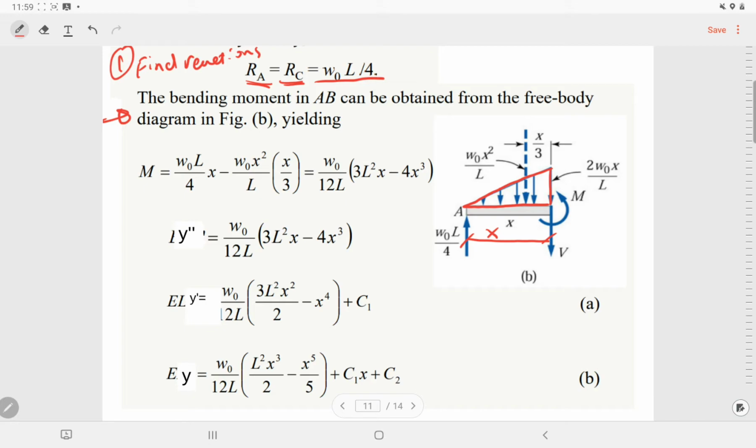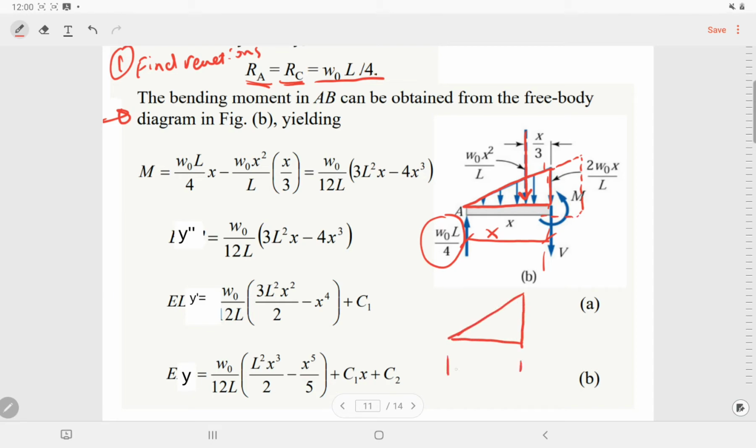How can we find the moment? To find the moment, I need to cut here, correct? To cut here, we have R1, which is RA, W naught L over 4, and then we need to find this resultant. So I'm going to continue this triangle.